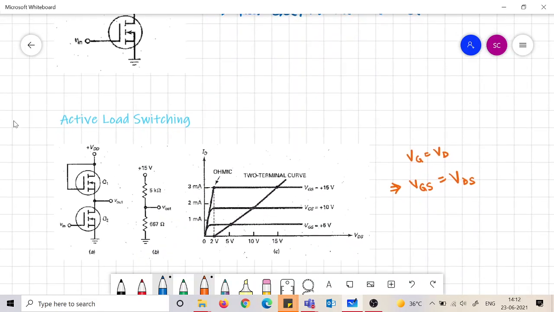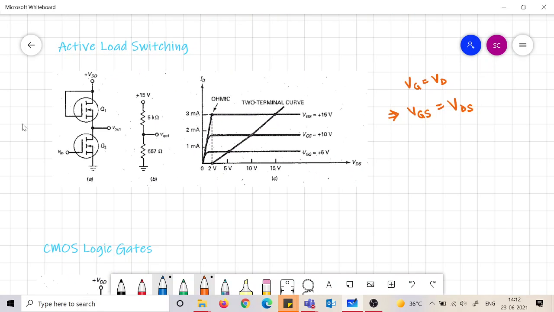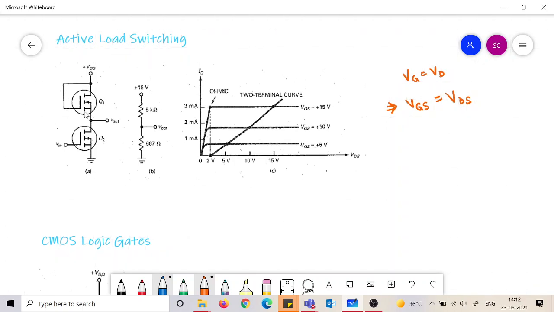So we utilize that fact. We use active load switching, and here you see that another MOSFET is used, which is behaving as a load to the Q2 MOSFET. So Q1 MOSFET is behaving like a load to the Q2 MOSFET.